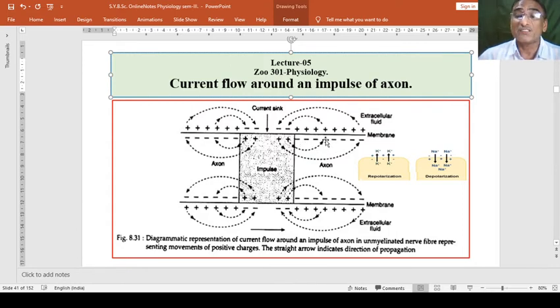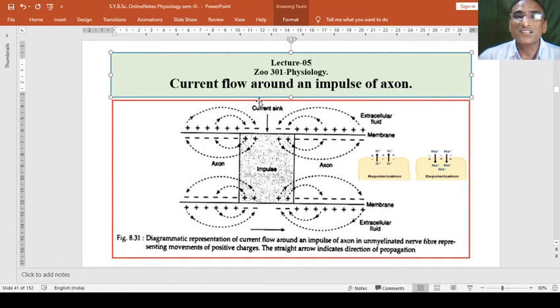And the action potential, when it carries, neurotransmitters are secreted as soon as the signal or impulse is to be received, or information is to be conveyed. So repolarization and depolarization maintain the balance of positive and negative ions continually around this membrane, and this helps to pass the impulse throughout the axon.